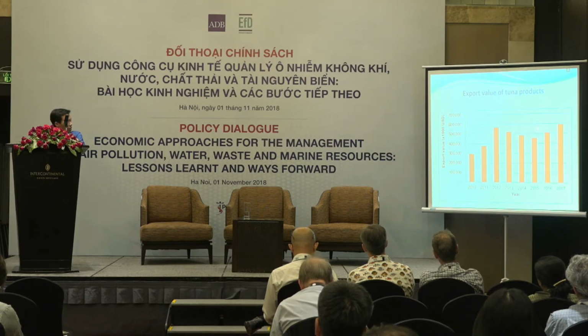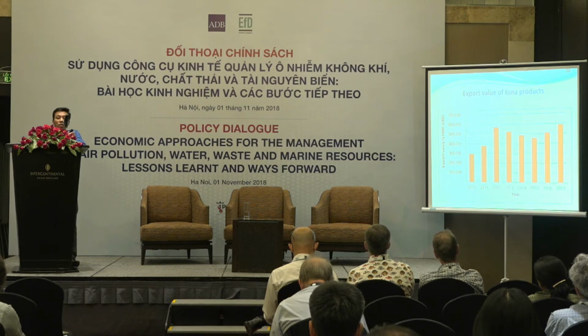So the total export for 2017 is almost 600 million US dollar. So it contributes very high in terms of the economic value. So this is only for tuna, one species, the key species in our country.